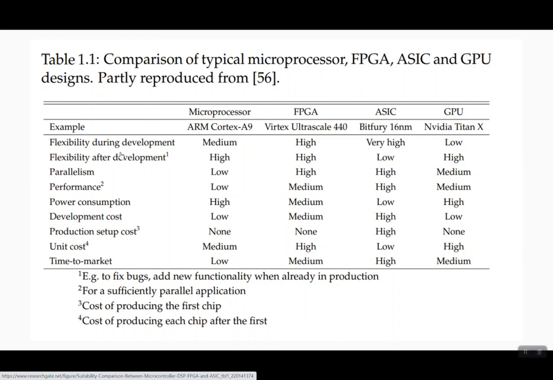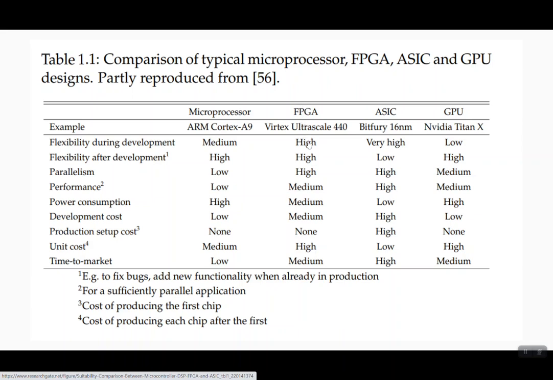Let's see how we can compare these compute engines according to these features: flexibility during development, flexibility after development, parallelism, performance, power consumption, development cost, production setup cost, unit cost, and time to market. That's how microprocessors are compared in relation to these parameters.